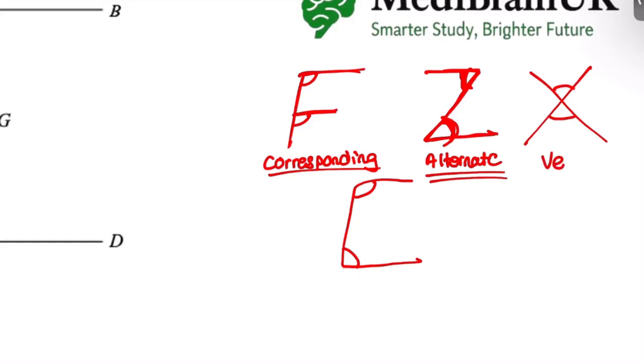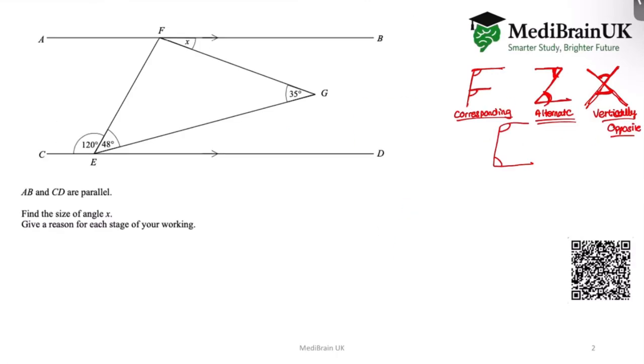You've got vertically opposite over here, vertically opposite angles or X angles. As you can see, we have an X shape. Opposite angles in an X shape are equal, and the rule there is vertically opposite. So if you ever spot an X shape in parallel lines, you're going to be using the rule that vertically opposite angles are equal in size.